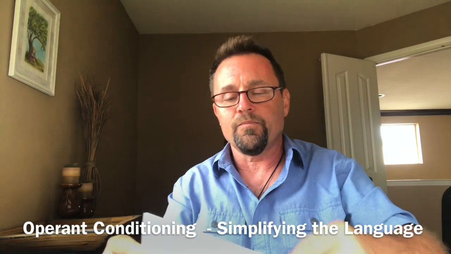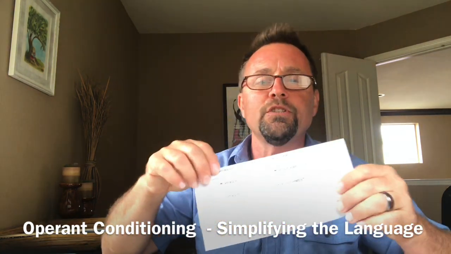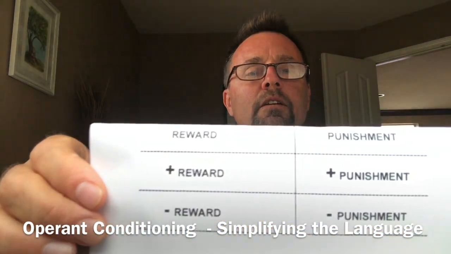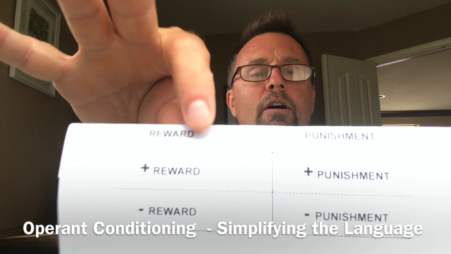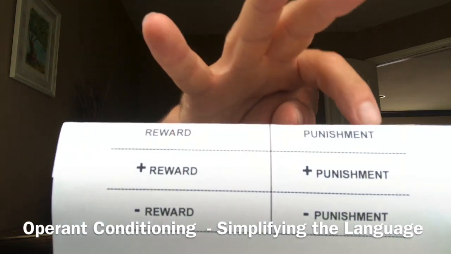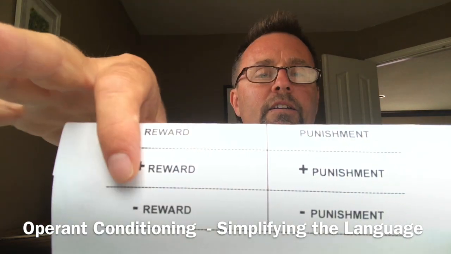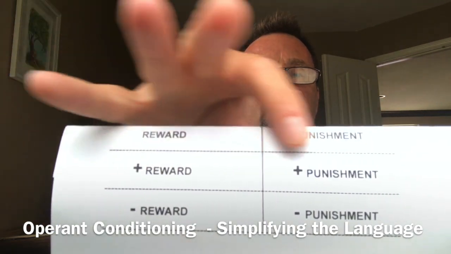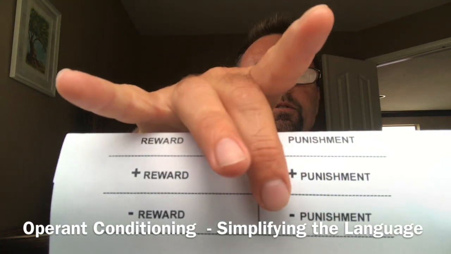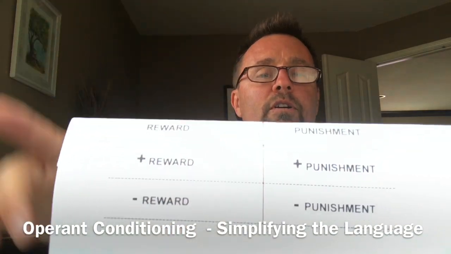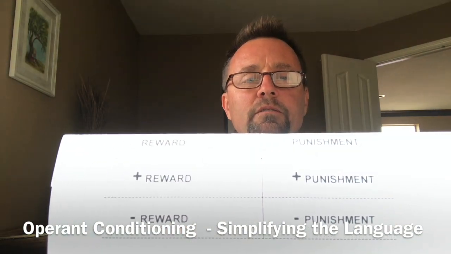Okay? So if we change our chart here again, you'll see we have a column here of reward and punishment. And then you've got reward through addition, punishment through addition, right? Punishment through the removal of something, or a reward by the removal of something, right?